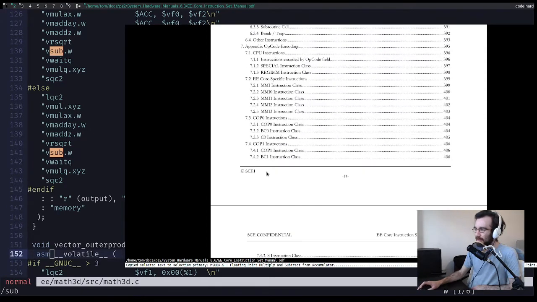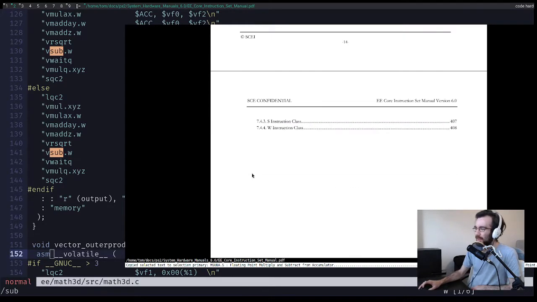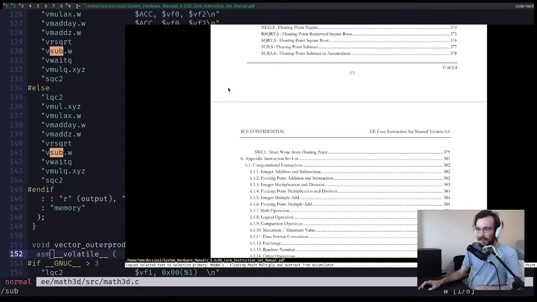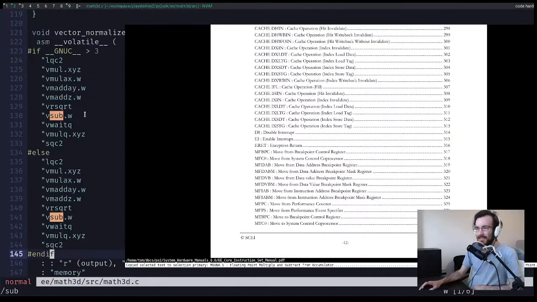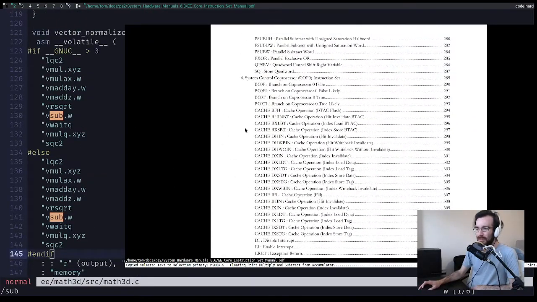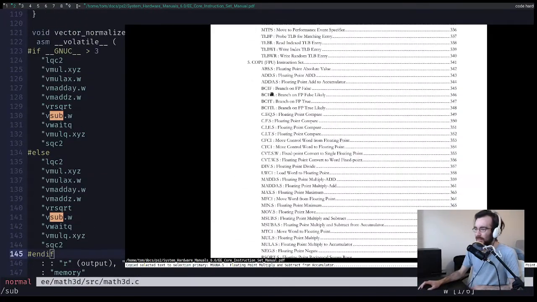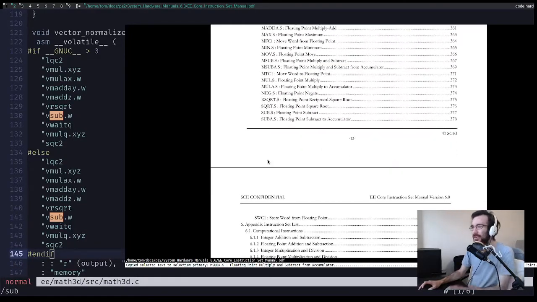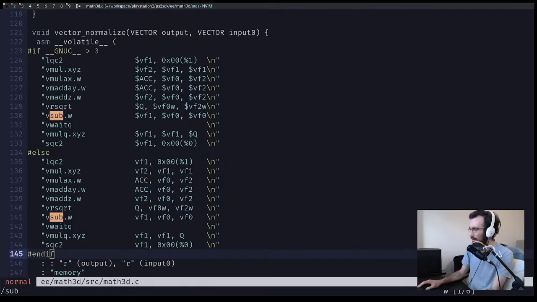No. Do they not? Do they not have the vector instructions here? What's going on? Oh, FPU. Sorry, no. Whoa, what am I doing? I need the VU core, I guess.